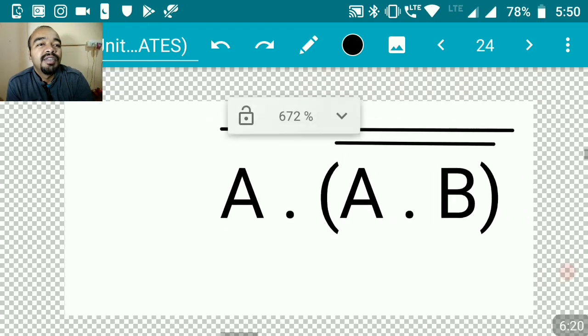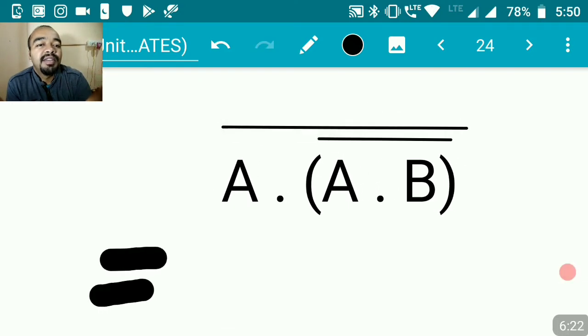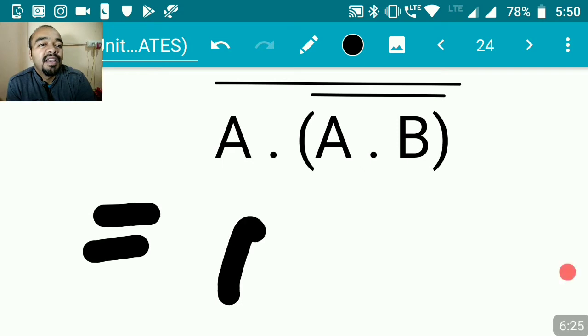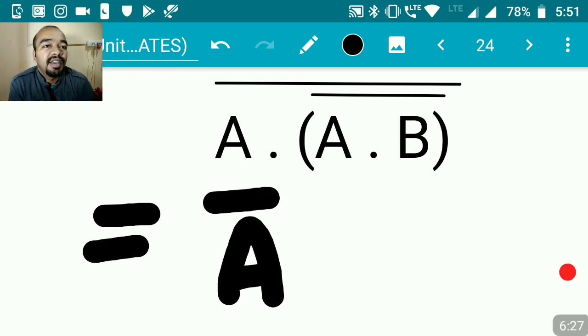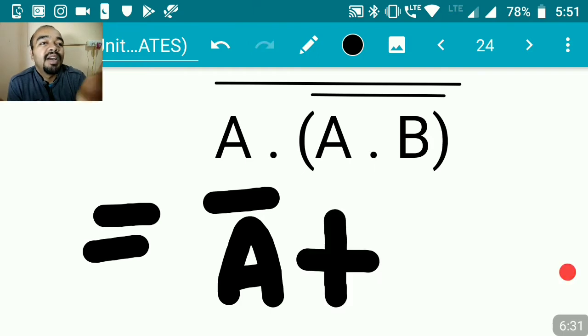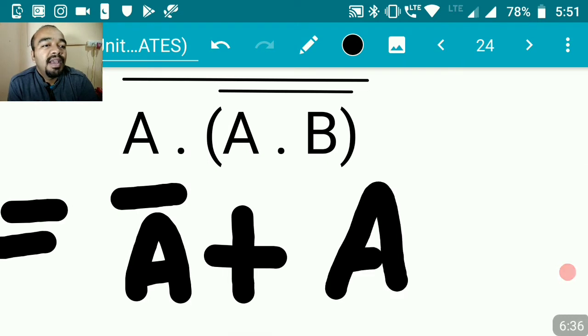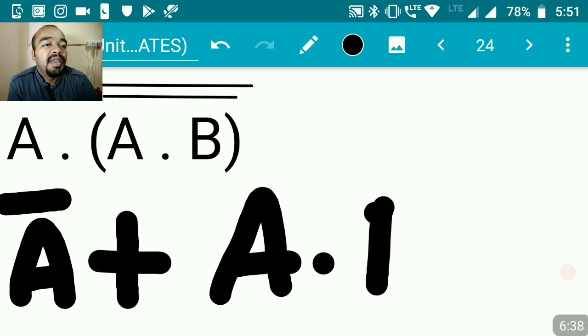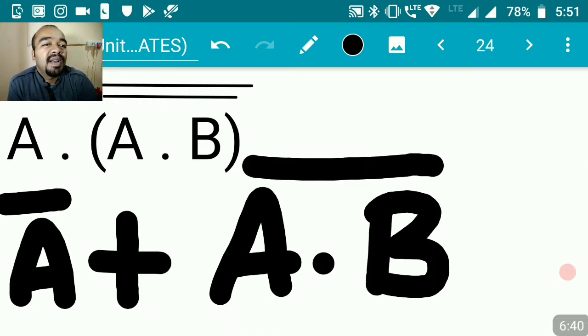Okay, so now let me write this is equal to a bar. Once we remove this whole bar, we get a bar or a and b double bar.